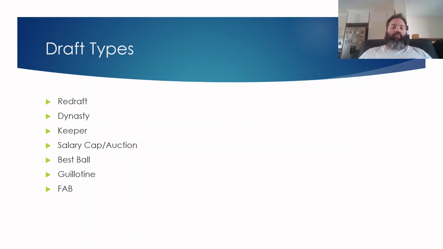The last one there, just talk about FAB. So, FAB isn't a draft type as such, it's more about how you determine the free agents and who gets priority of them. So, generally, every week when the round's finished it opens up to what's called the waiver wire. And essentially, it's where teams can go in and pick up any players that aren't already drafted to other teams.